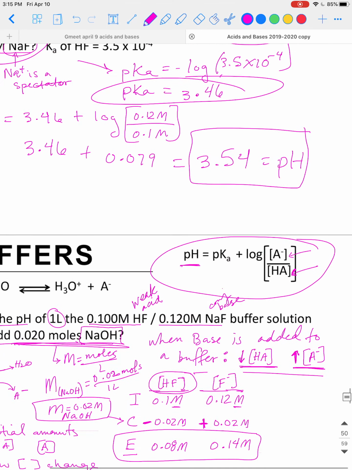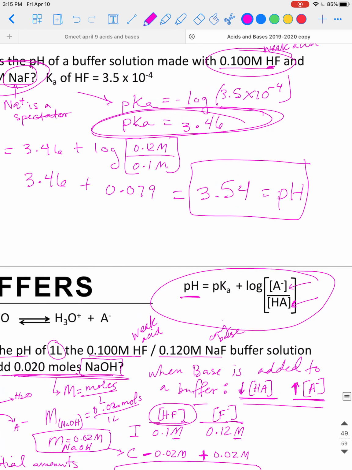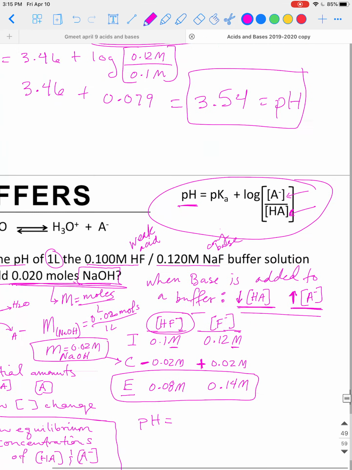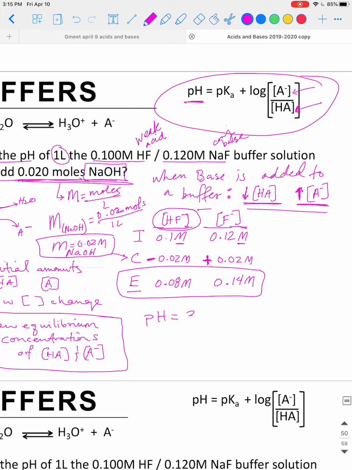So let's do that. Henderson-Hasselbalch says pH equals pKa. What was pKa? We solved for it up here. It did not change because we have the same buffer, so 3.46 plugged in, plus the log. What goes on top, what goes on bottom? The conjugate base always goes on top.